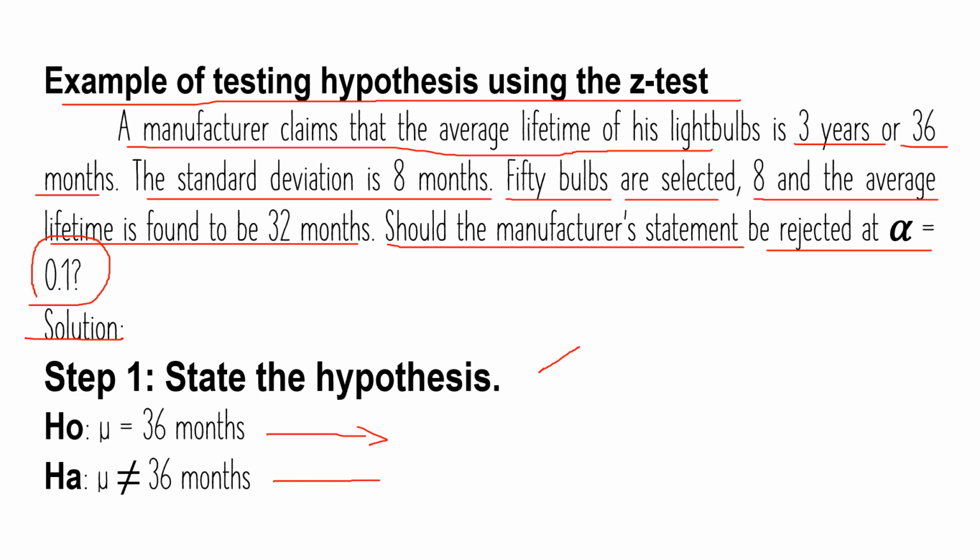Then for your alternative hypothesis, your mean is not equal to 36 months because there are no keywords mentioned in your problem that say less than or greater than. That's why we assume that your mu is not equal to 36, because we don't know if that is less than or greater than in reality.